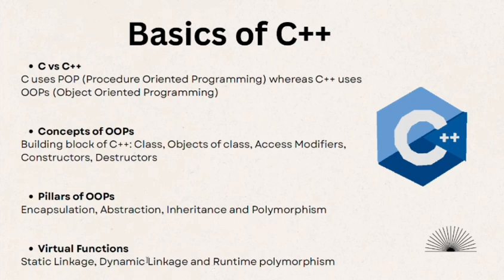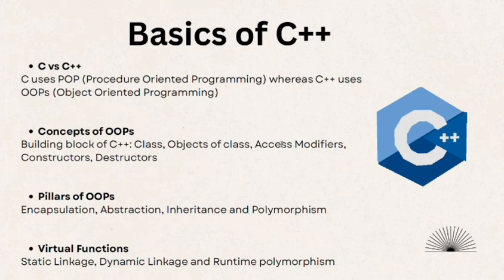Concept of OOPS. In this, we'll learn about building blocks of CPP like class, objects of class, access modifier, constructors, and destructors. Class, a blueprint or template that defines properties and behavior. Object is a real time instance of class, like a real house built from the plan.